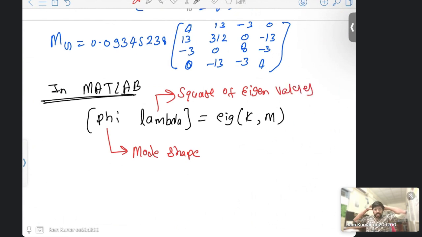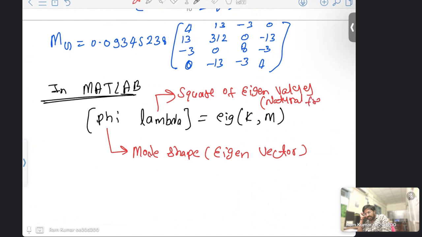Actually, what is eigenvalue? Eigenvalue represents the natural frequency of the system. And what is phi? Phi is also called the eigenvector. And eigenvalue means natural frequency of the system.